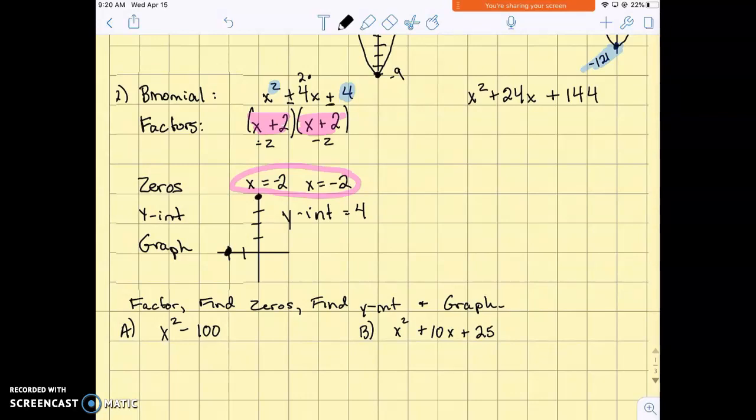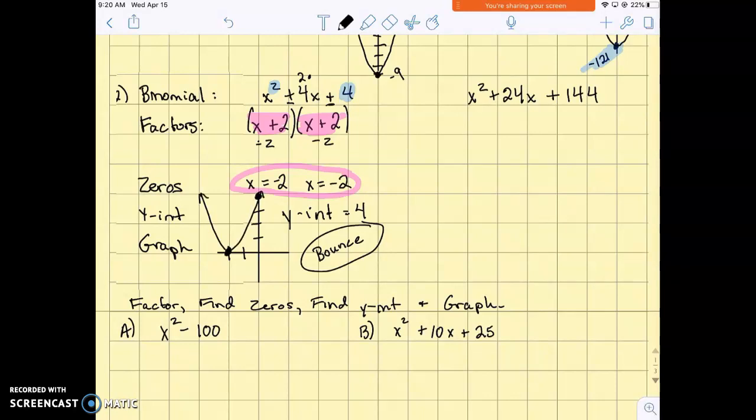So if there's no other x value, we're going to do something called bounce. Because I have a multiplicity of 2, you'll learn that next year in Algebra 2. Because I have a multiplicity of 2, an even number, I will bounce off the x-axis instead of go through it. So I'm going to come down and bounce and then go back up.